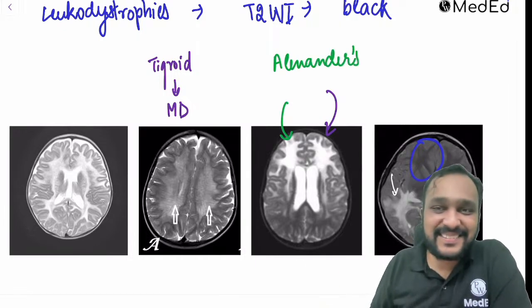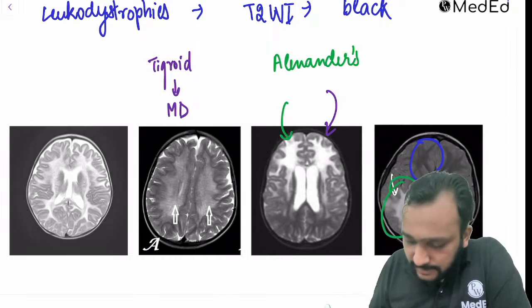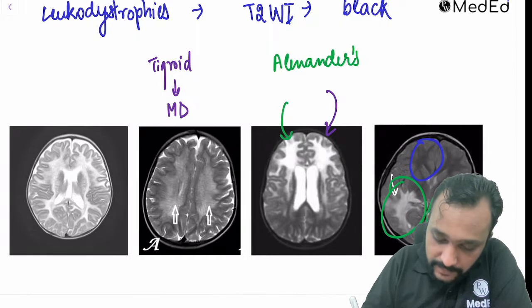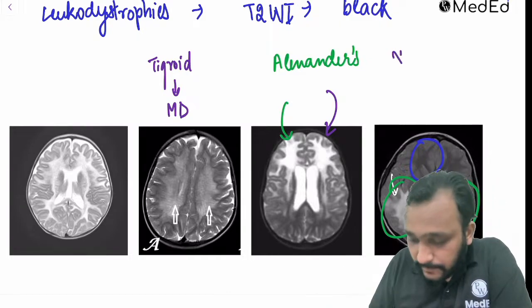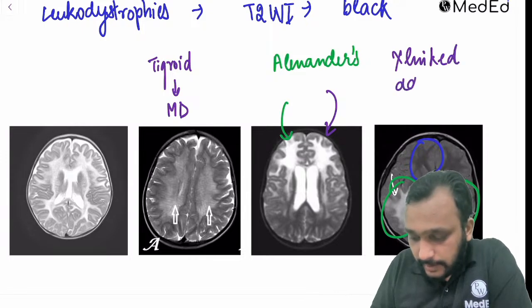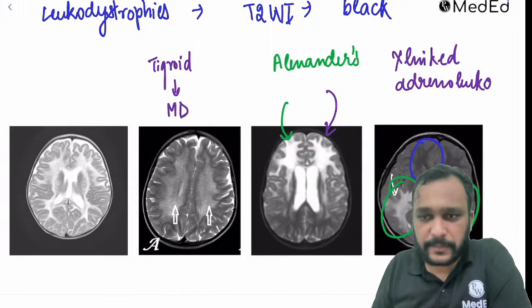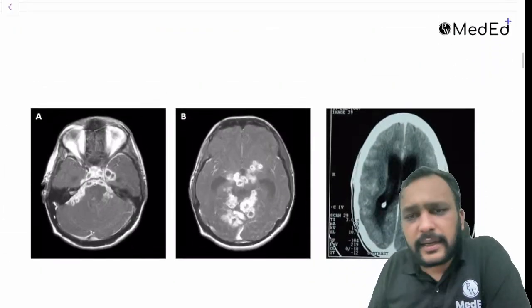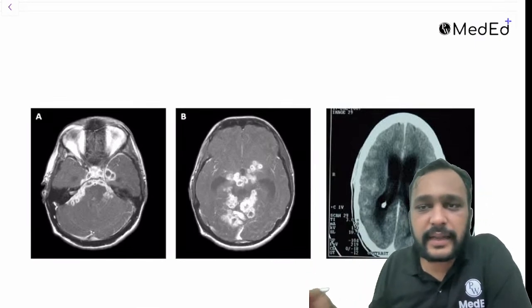And if hyperintensities are seen predominantly in the occipital lobes, that will be seen in patients with X-linked adrenoleukodystrophy. Right? Is that clear?